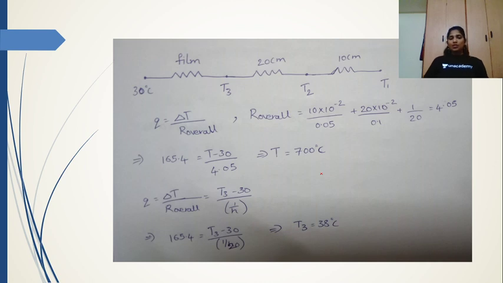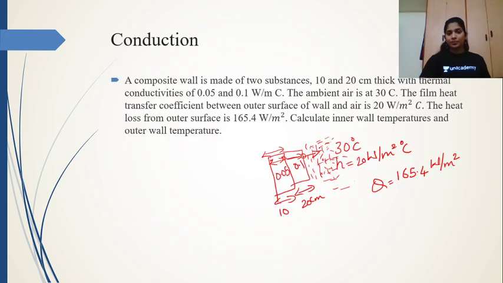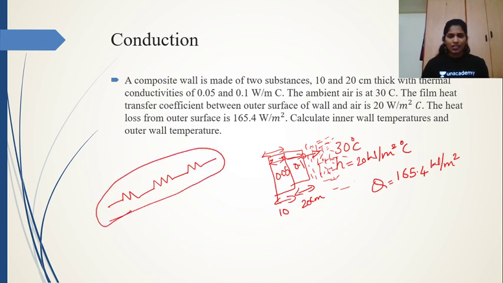From this problem, heat passes through the first wall, then the second wall, and then the film. So these are connected in series. If we are calculating the overall heat transfer, we take delta T by R overall, and the overall resistance will be R1 plus R2 plus R3.